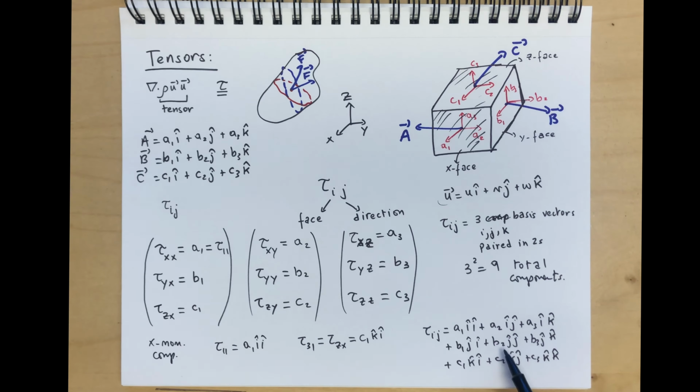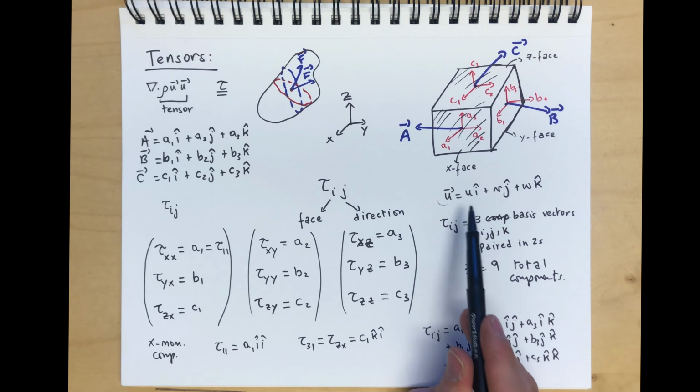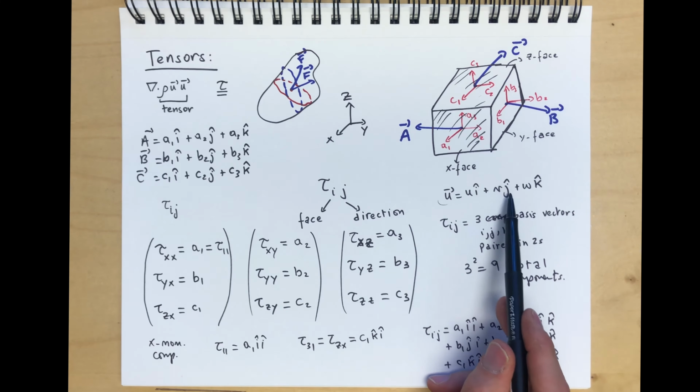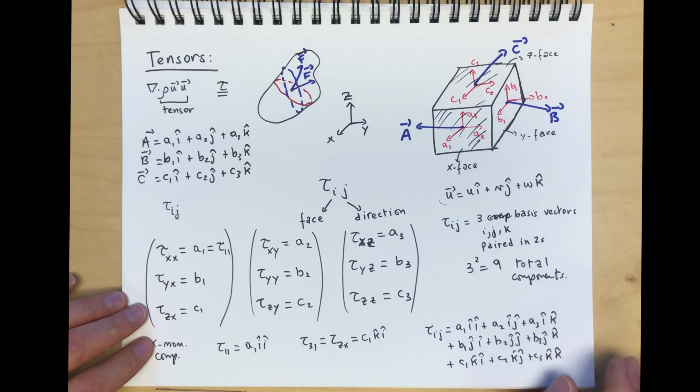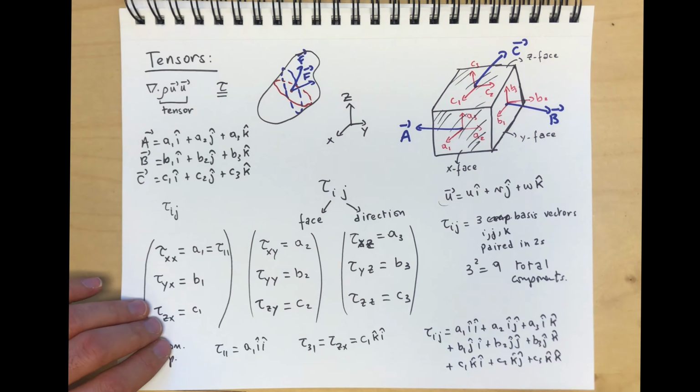That's how you express a tensor. Just like we write a vector as ui, vj, wk, we just pair the three basis vectors, write them in pairs, and that gives us the 9 components of a tensor, specifically here the stress tensor.